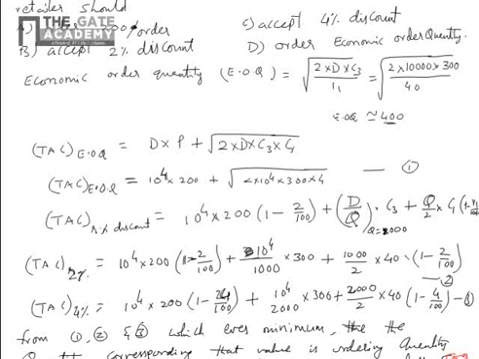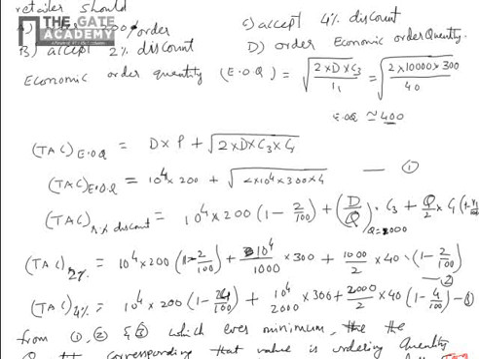So if he gives price breaks, for each price break, suppose he will mention that if you purchase 500 quantity per order, then you have to pay 10 rupees per item. If you purchase 1000 per order, then you have to pay 9 rupees per item.